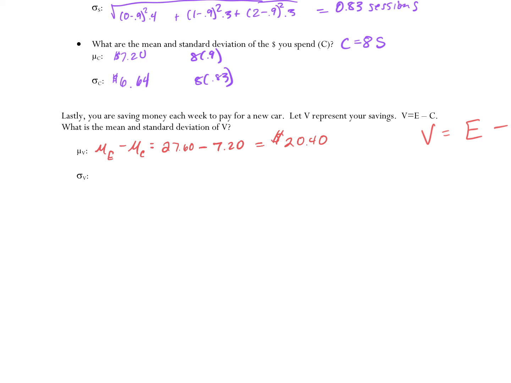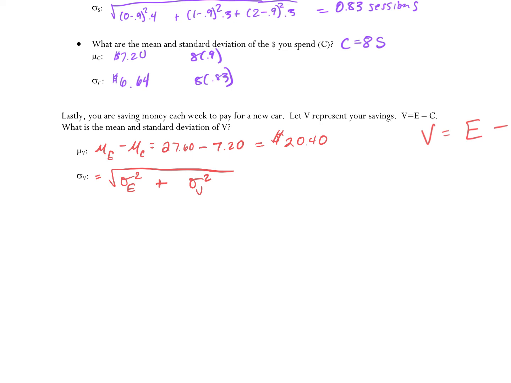Give or take, yeah? And give or take how much? Well, for my standard deviation, I'm going to have to do that squares thing, right? If I'm subtracting my earnings minus my costs, what sign goes in between those standard deviations? Addition. Always addition. 2 events will always equal more uncertainty.